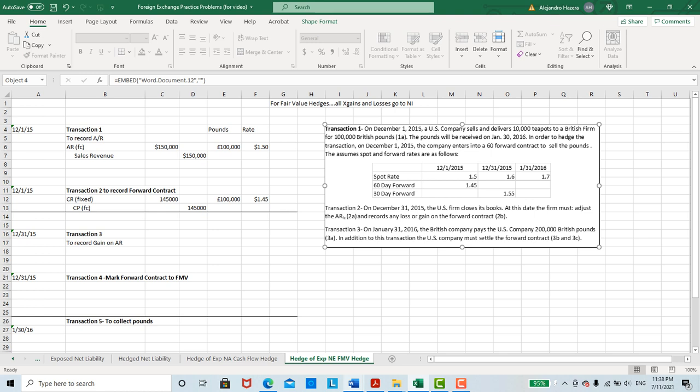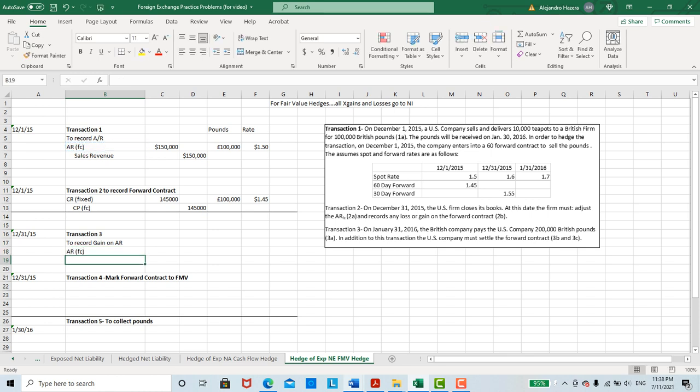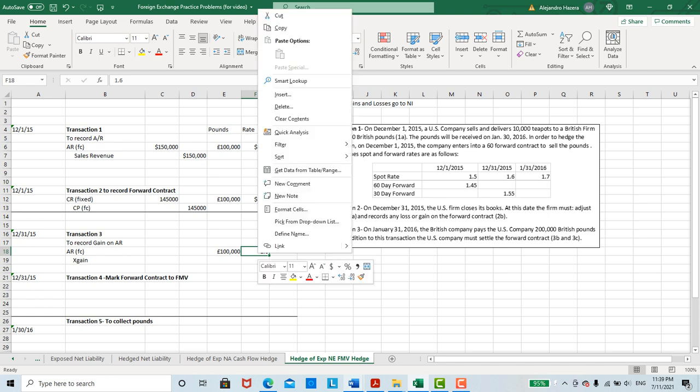So we're going to debit accounts receivable, fixed foreign currency, and we're going to credit exchange gain, which goes right to the income statement. And the number of units of foreign currency amount. The exchange rate we're going to use now, though, is $1.60, because that's the spot rate at 12/31/15. There it is right there. I'm putting my cursor over it and circling.